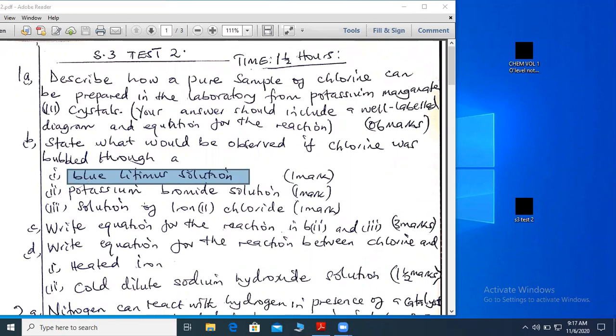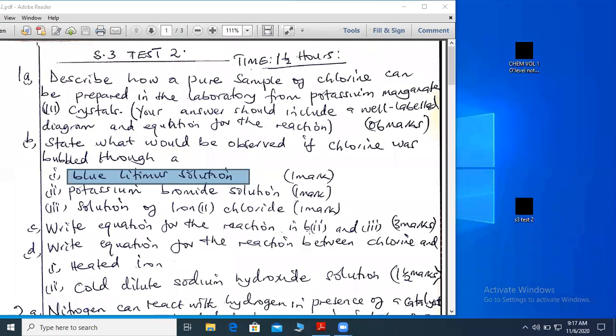Let us contribute. Let's move together. Who can tell me the answer there? Just unmute and tell us. Can you tell us what is observed when chlorine is bubbled through a blue litmus solution?